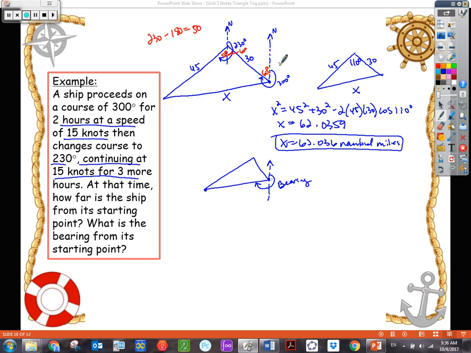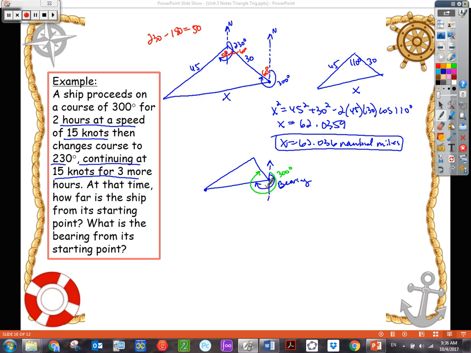So what do we know? We don't know that, but we do know that from here to here, that's 300 degrees, right? We know that. So is it possible for me to find this angle measure? Yes. If I were able to take 300 and subtract this angle, wouldn't I get that angle measure?